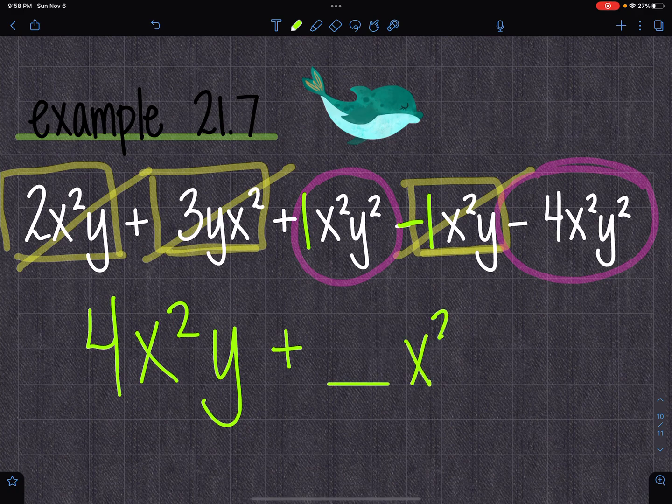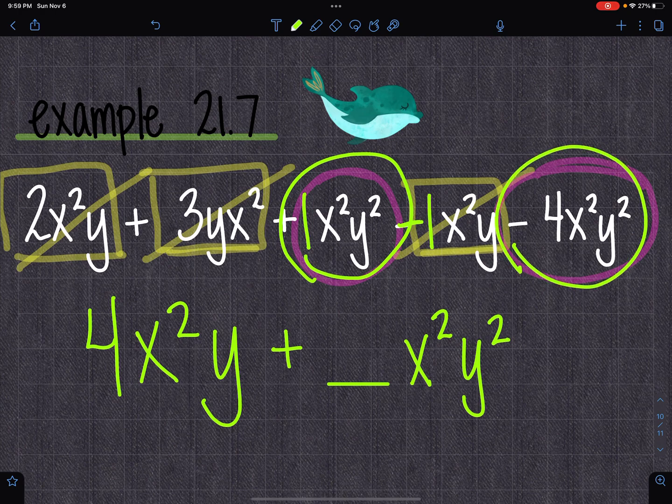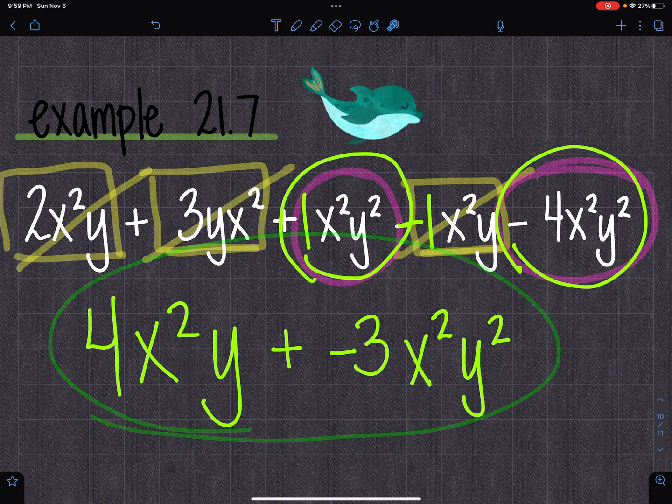But right now I'm adding together the x squared y squareds. How many are there? There's 1 here, and then there's -4 here. So the answer is going to be -3. And that's how many x squared y squareds there are. All right, so this is the answer. This is it. You've done it. You've simplified it. It doesn't look simplified, but you actually have simplified it.